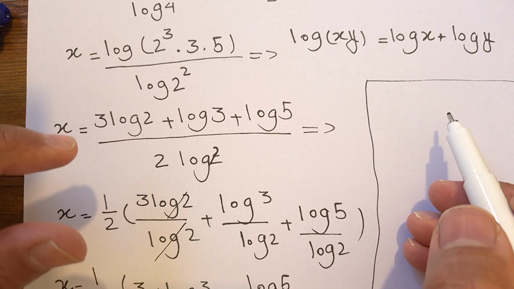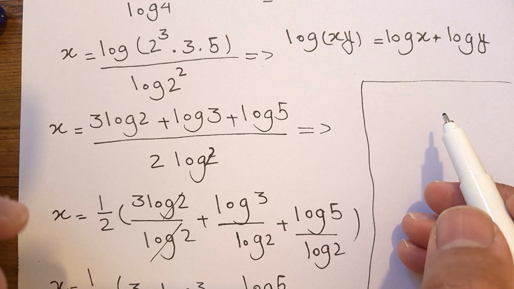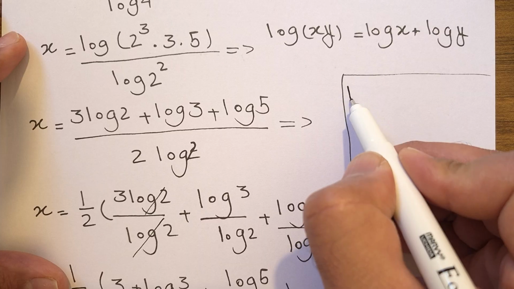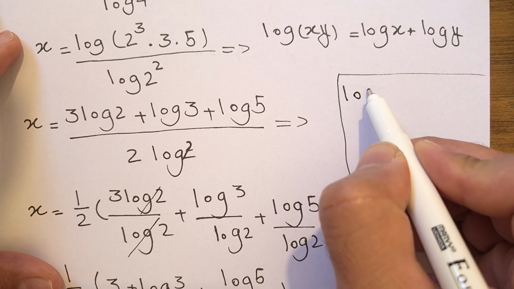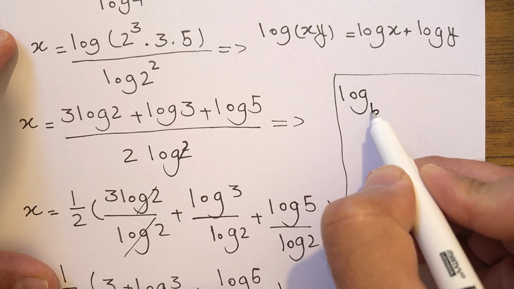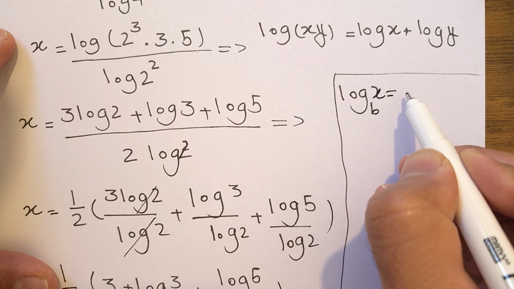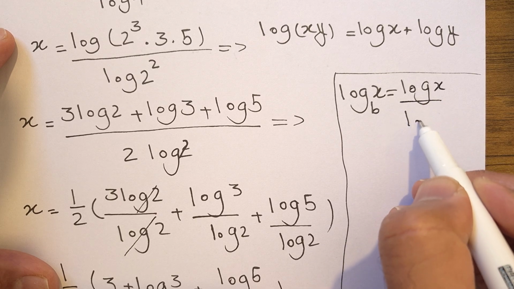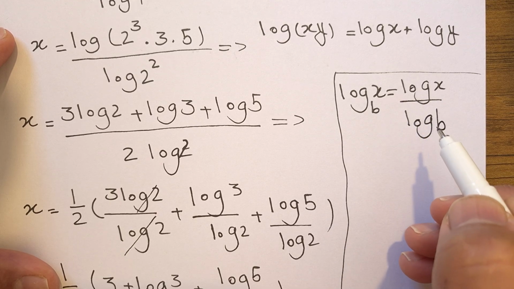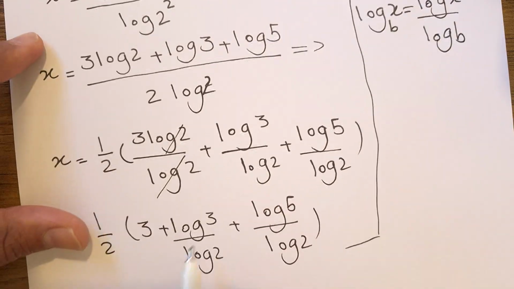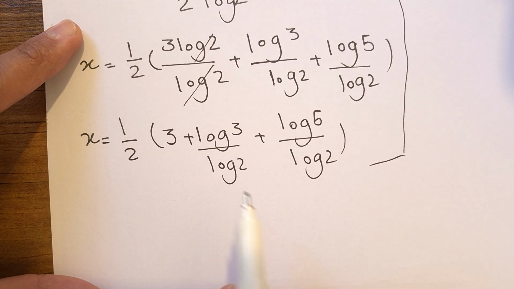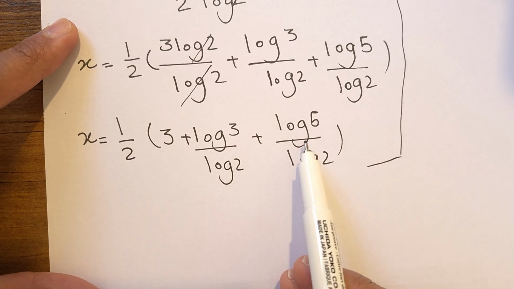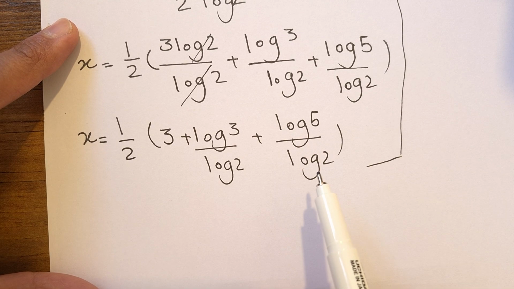So we learned about the product rule, the exponent rule, and now we learn about the change of base rule. So according to change of base, log base b of x equals log x over log b. That's called change of base. For example, log 3 over log 2 equals log base 2 of 3, and log 5 over log 2 equals log base 2 of 5.